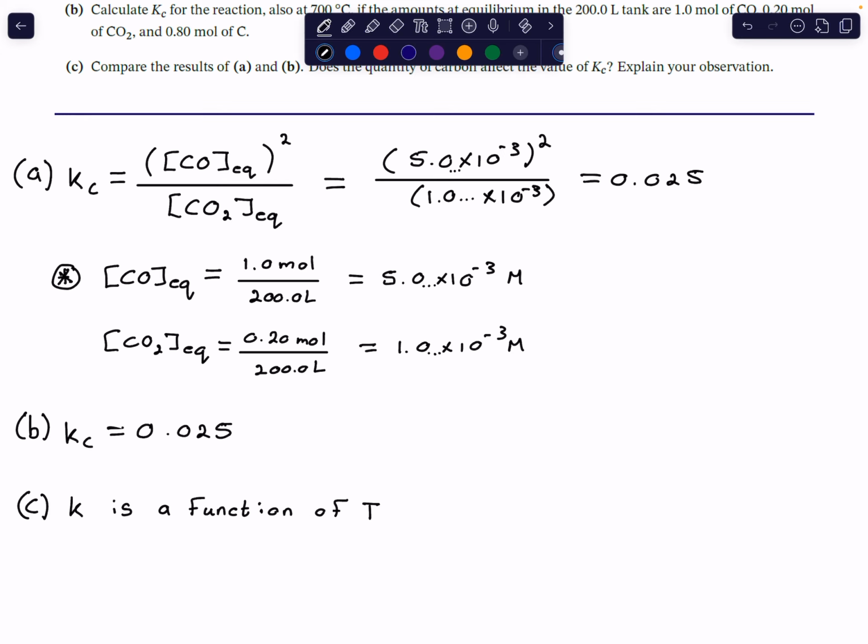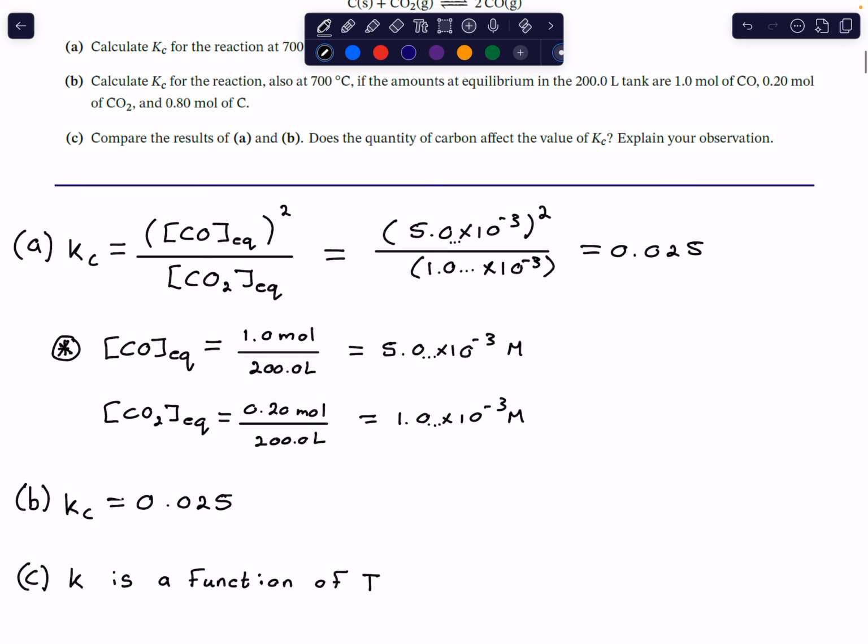So the only thing that can make your K value change is temperature, and not the concentrations, because your concentrations will shift in different amounts, but their ratio will remain the same. Even if you disturb the equilibrium, the concentrations will change again to give you the same Kc, granted that you keep the equilibrium at the same temperature. If you change the temperature, then that's going to change the equilibrium constant value.